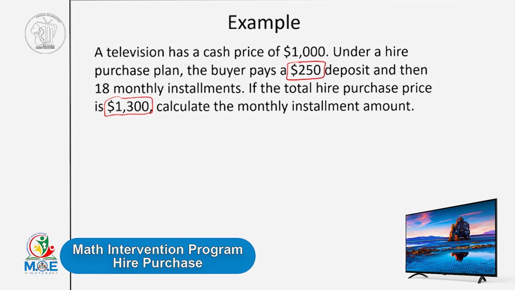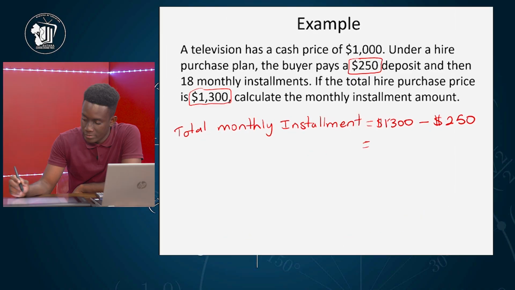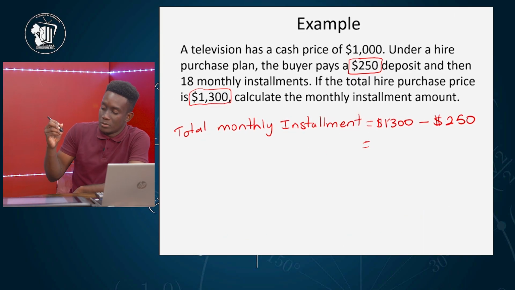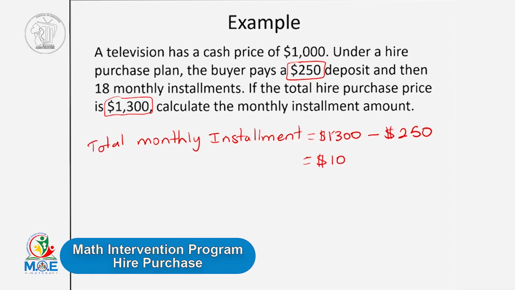So the total monthly installment will be $1,300 subtract the $250. When we subtract 250 from 1,300, we'll have a value of $1,050. So this will give us the total monthly installment amount.